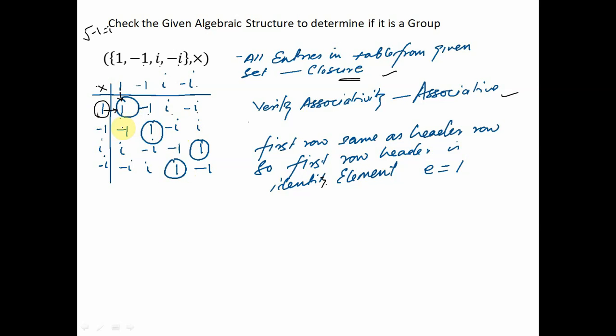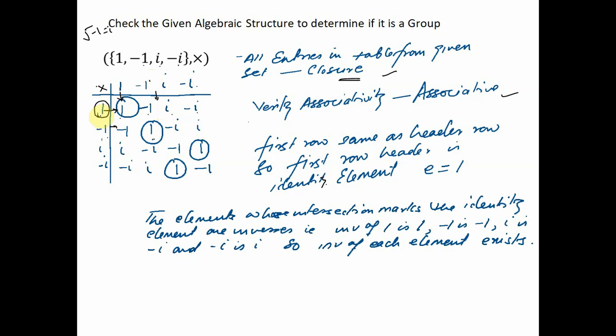The header of the row and the header of the column on whose intersection I am getting the identity element are inverses of each other. So the inverse of 1 is 1, the inverse of minus 1 is minus 1, the inverse of i is minus i, and the inverse of minus i is i. So the inverse of each element exists. All four properties are satisfied. So this is a group.